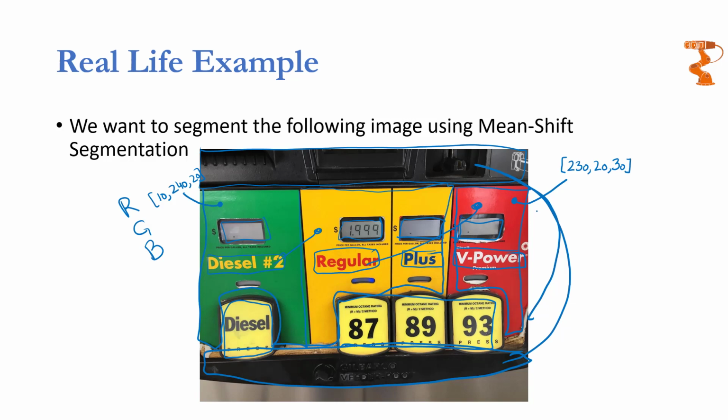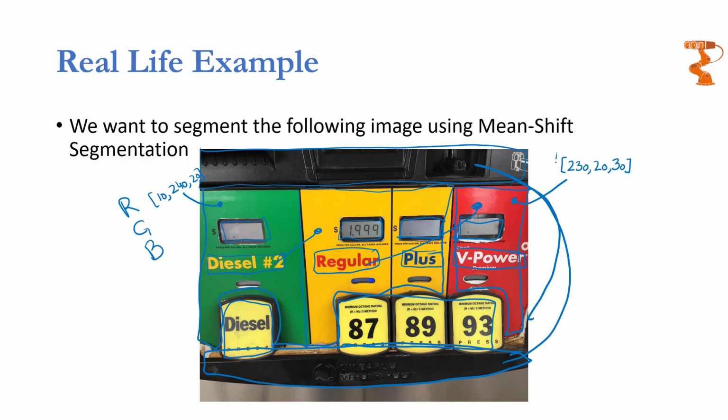What if we use a three-dimensional feature space, where one dimension is representing the red color, another dimension is representing the green, and the last dimension is representing the blue color? So we will have a three-dimensional feature space, and we can place all these pixels present in this image at some location in that feature space depending on the value of the color present at that pixel.